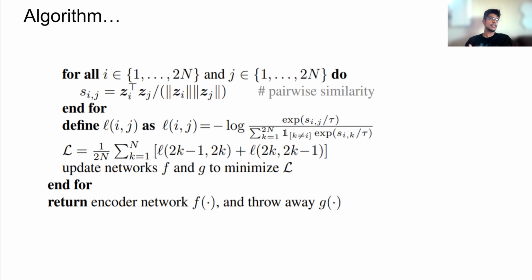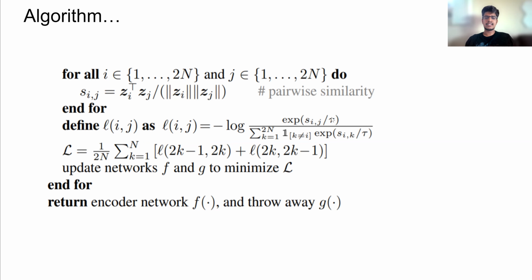Now you could do that, or you can just think about those as examples of different classes. And if you do that, then you can simply use the most familiar cross entropy loss, where you want to maximize the agreement for the two images that have been augmented from that particular image, and you want to make sure that it is minimized across all the rest of the images. So essentially, you want to make sure your cross entropy loss is low, and that's exactly what you do.